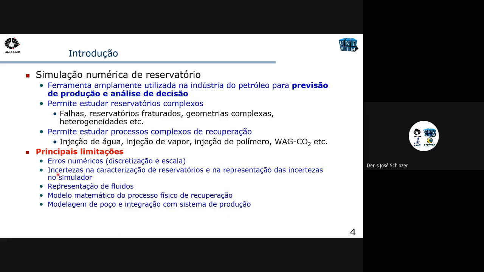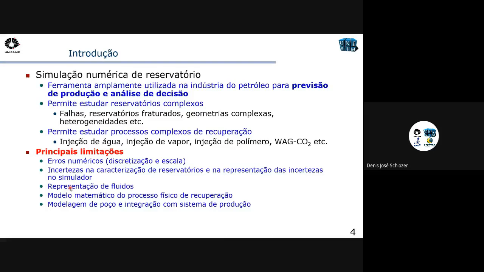Okay, so keep in mind throughout the course and even after the course that we have all these limitations. Okay, and this is the main idea. We're going to talk again about these topics when I go into the theoretical part of the simulations, and it's very important for you to understand in the first part of the course, when we talk about building models and using models in data simulation, when we are using models for optimization procedures and so on, that we are dealing with models that are not perfect, okay?